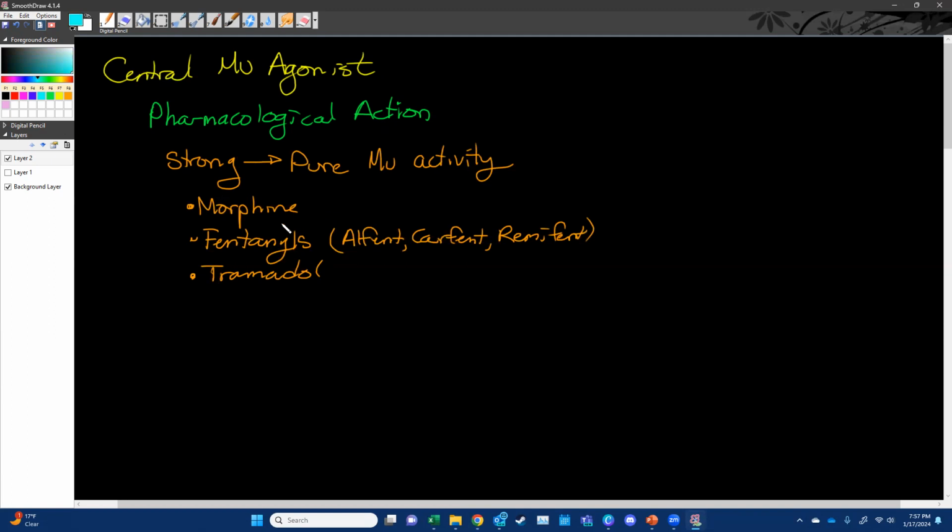So morphine is what we're going to be comparing everything to. So morphine is our base here. In terms of the fentanyls, these have a higher affinity for the mu opioid receptor. So they're going to be binding to the mu opioid receptor tighter, which means that they're going to produce more analgesia.